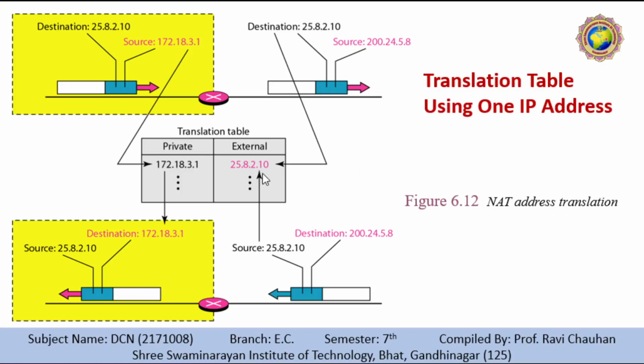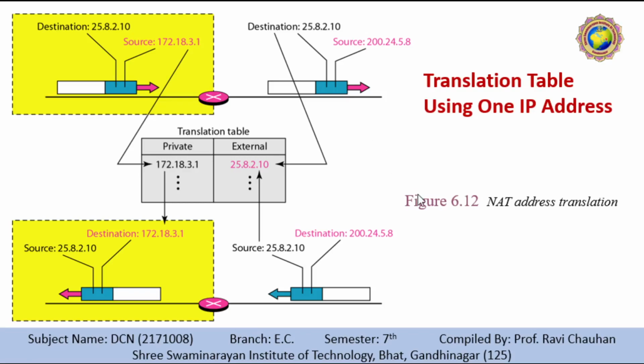Our translation table has only two columns, one private address and the external address or destination of a packet. When the router translates the source address of the outgoing packet, it also makes note of the destination address where the packet is going. Fine.